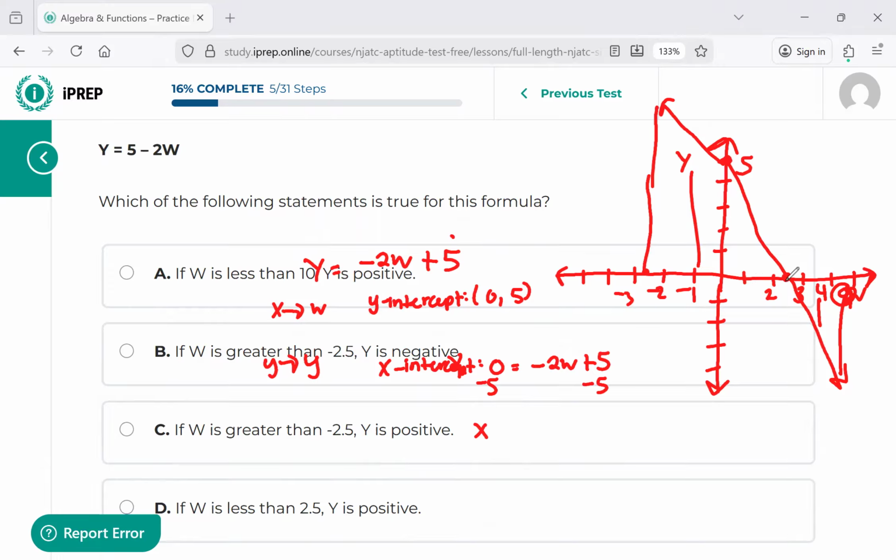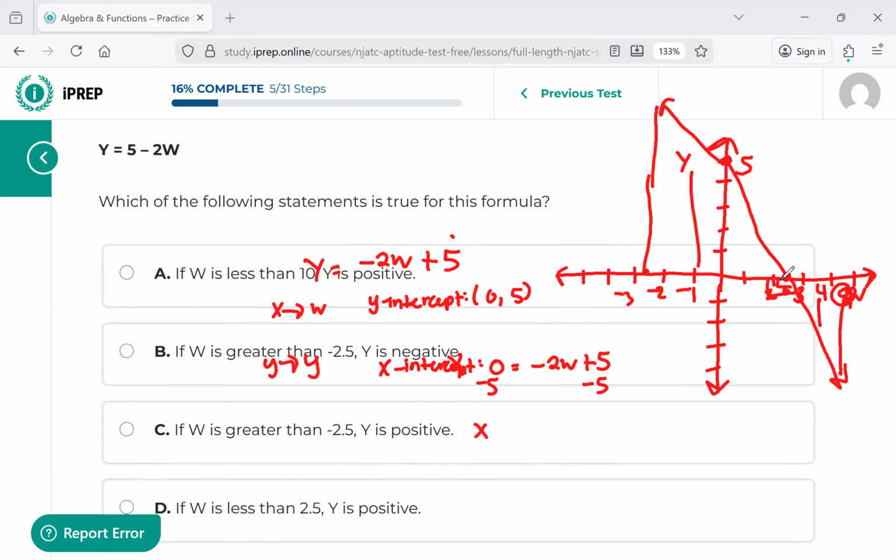If W is less than positive 2.5, so at 2, like even 2.4, it starts to get negative. At 2, it's definitely negative. Wait, no, sorry. Whoops, I looked at, no, it's positive, not negative. I was looking at the wrong side.